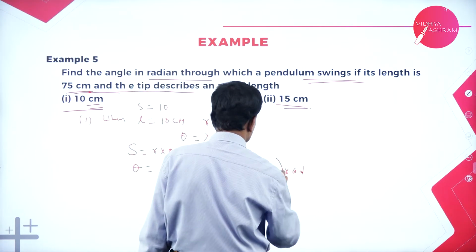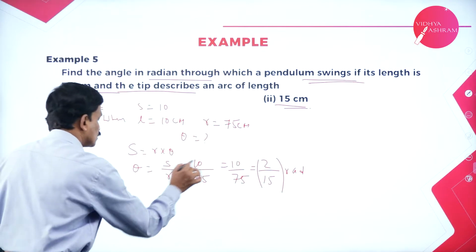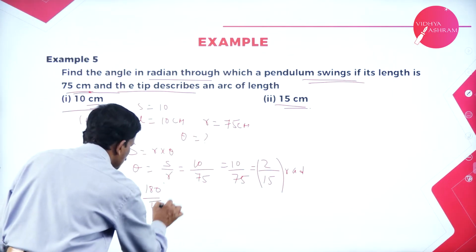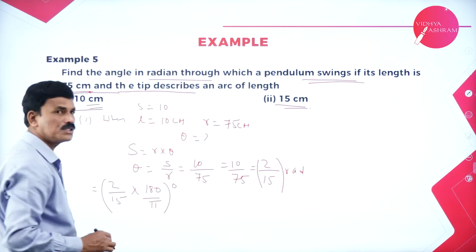This can also be written as 2 by 15 into 180 by pi degrees, a conversion into degrees.